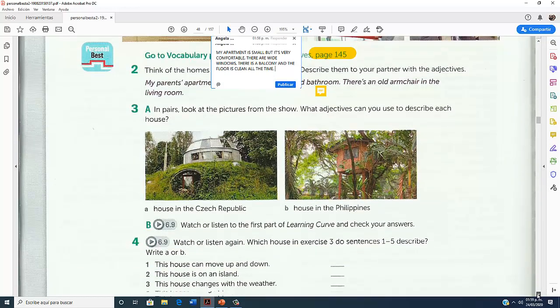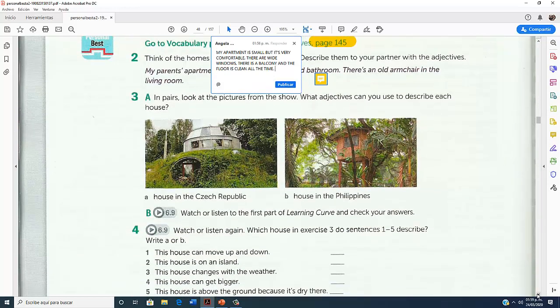Maybe here we can say, oh, here says this house is in the Philippines, no? And this house is in the Czech Republic. Here, maybe we can say that this house is small, it's traditional, and it's very beautiful, for example. And this one is modern.